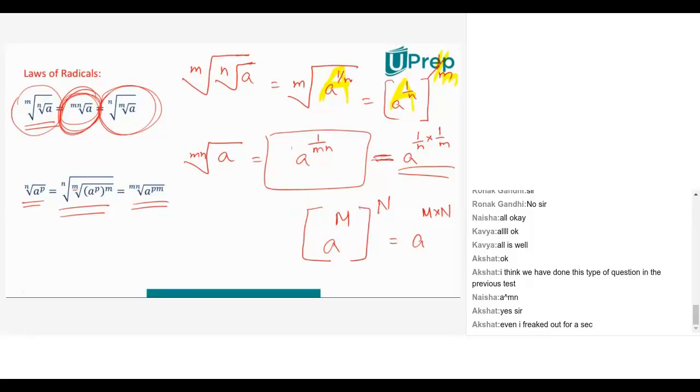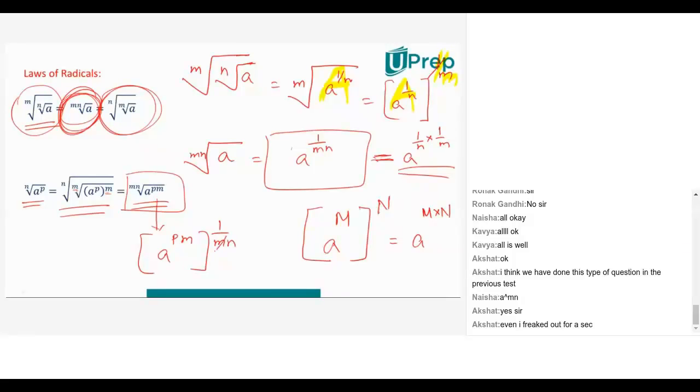Basically, it's nth root of a power p. He has introduced m, but he divided here with m, so you can see that m gets cancelled. Now, mnth root of a power pm. If I simplify this, it's nothing but a power pm whole to the power of 1 by mn.